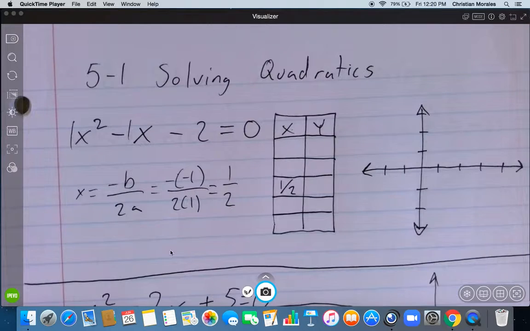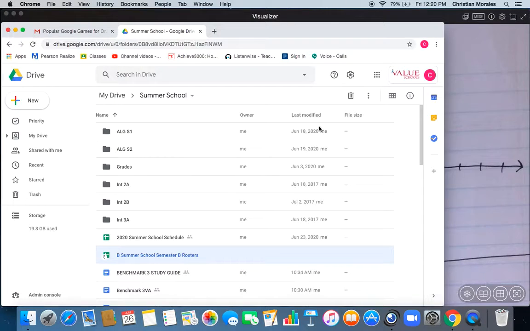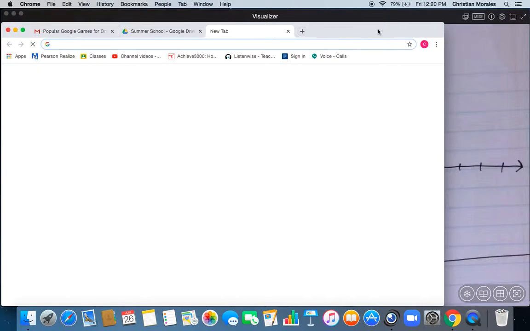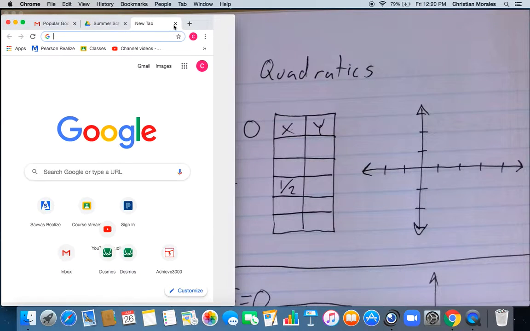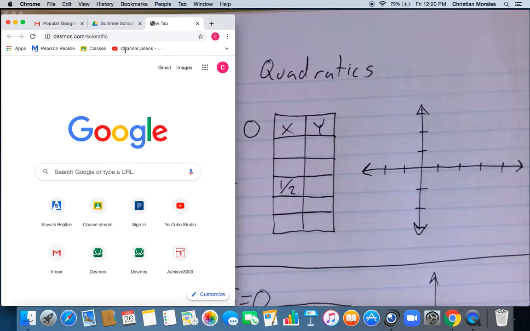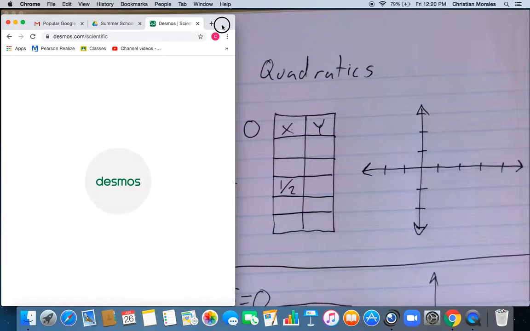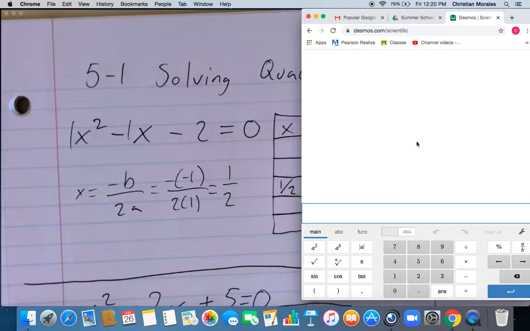Now, for our calculator, let's pull out the calculator. I'm going to open up Desmos again, just so you guys can see how I'm using it. For the Desmos calculator, I'm going to type in this function using parentheses.